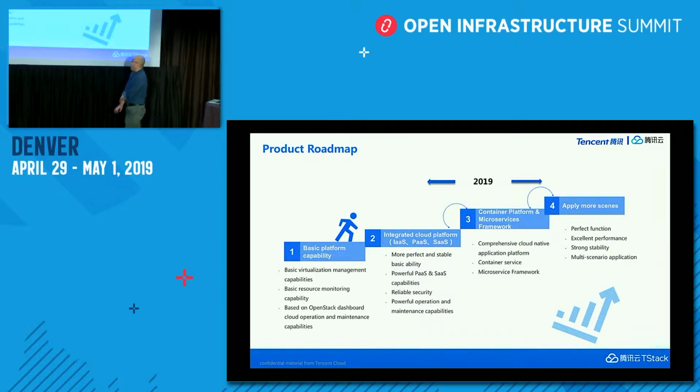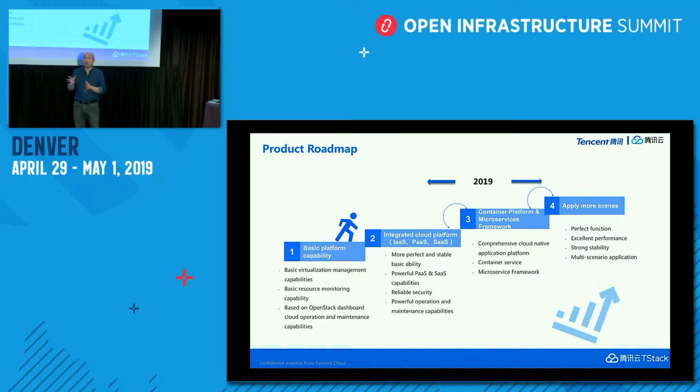Here is a roadmap of how we built such a system, or how we built such a full-stack private cloud. Firstly, we have the basic platform, which we call the basic platform capacities. This is the part which takes a lot of time by ourselves.